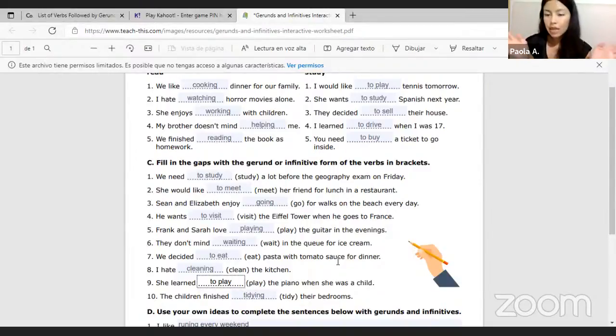So I'm just making this up. But in both situations, the meaning can change a little bit. When you're using it with gerund and infinitive, the meaning can be totally different. So there are some exceptions, but we're going to see this later on.